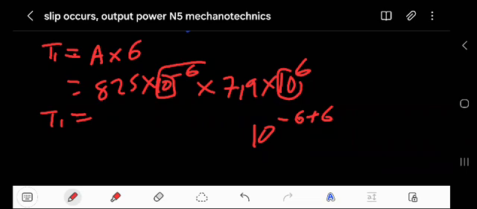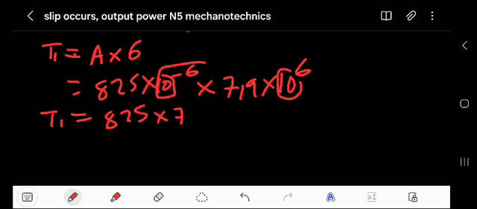Yeah, they cancel, and anything raised to the power of 0 is 1. So this is the same as 825 multiplied by 7.9. Remember, these two will give us 1. So you must be careful how you do your thing. I'm just showing you. Then if you punch that, we get 6,517.5 Newton.